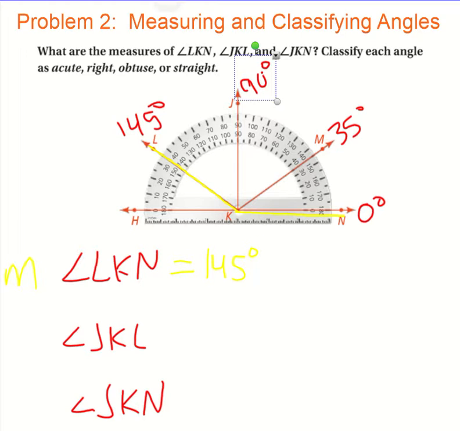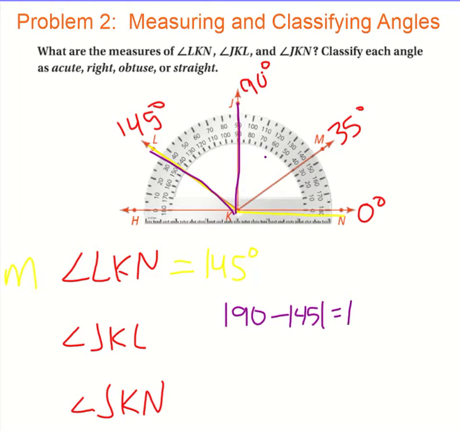So now we try another one. J is right up top. So here's J, we go to K, and then we go to L. Well, this is where we need to use that distance postulate. And so we take, okay, the measure of angle J is 90. The measure of angle L is 145. We go 90 minus 145.